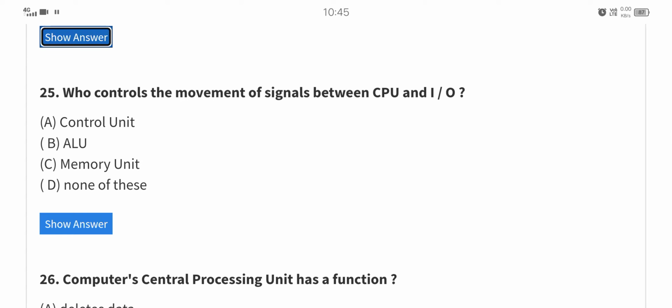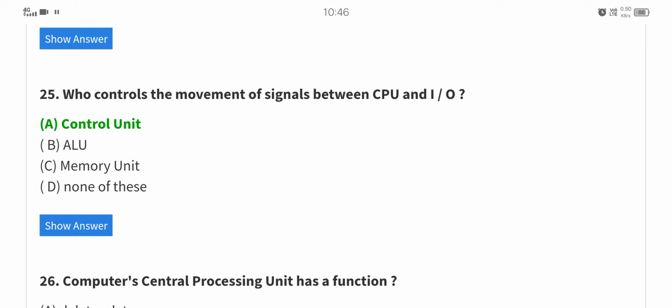Who controls the movement of signals between CPU and IO? Control unit. मीन्स ऑफ IO का मतलब इनपुट एंड आउटपुट, यानी who controls the movement of signals between CPU and input output?